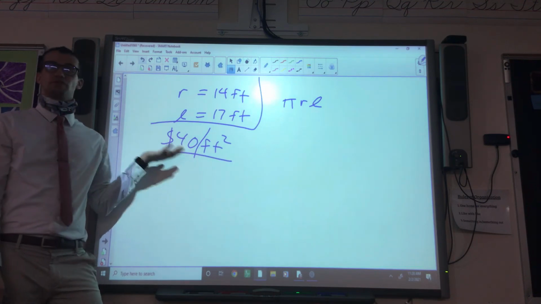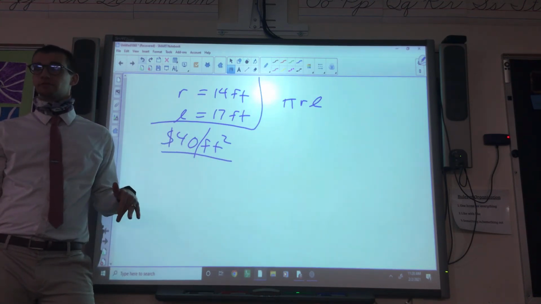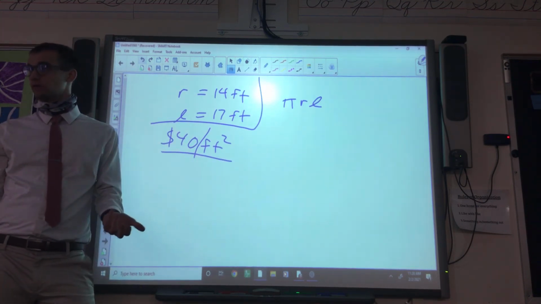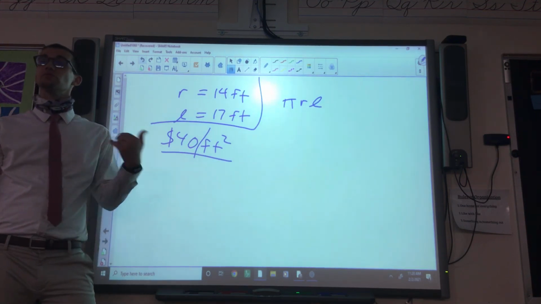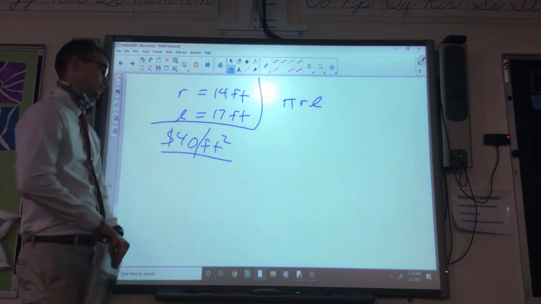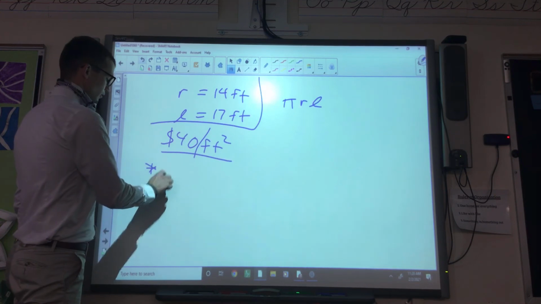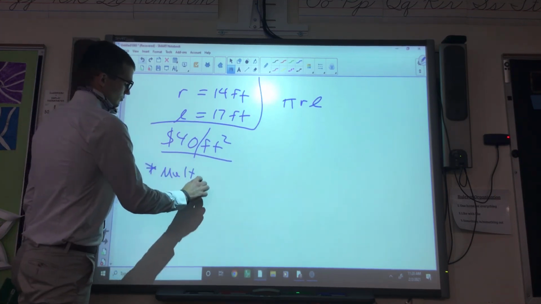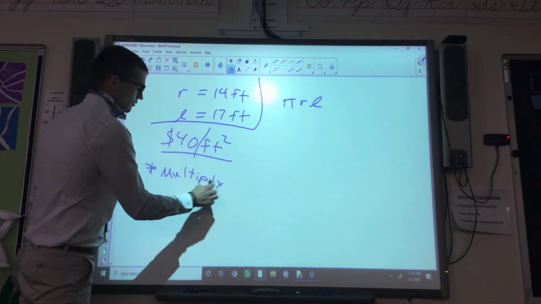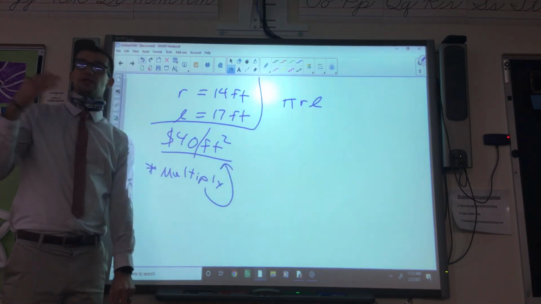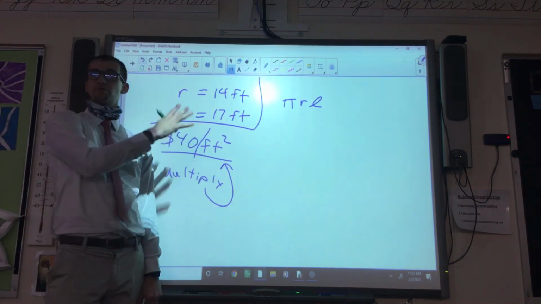One square foot costs $40, 2 square feet would cost $80, 3 square feet would cost $120, so you're multiplying it afterwards. That's the other thing that you're figuring out. You gotta multiply by that afterwards, because they're saying you're figuring out this per square foot.